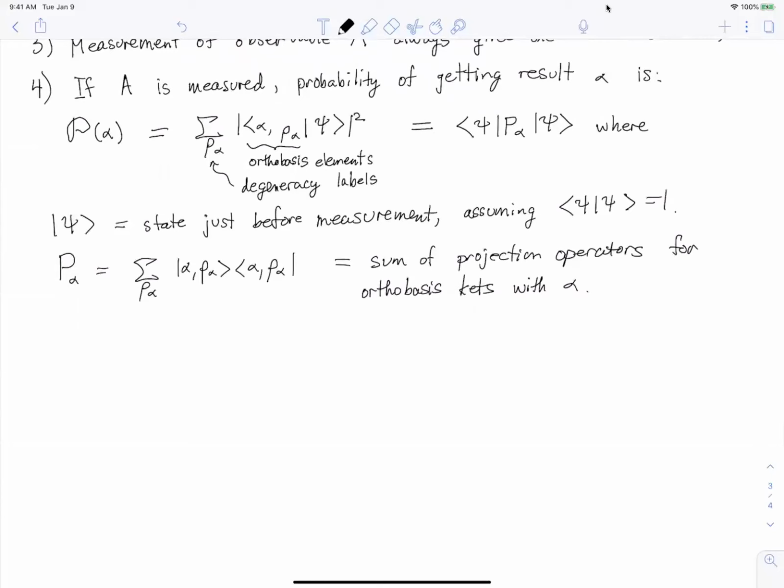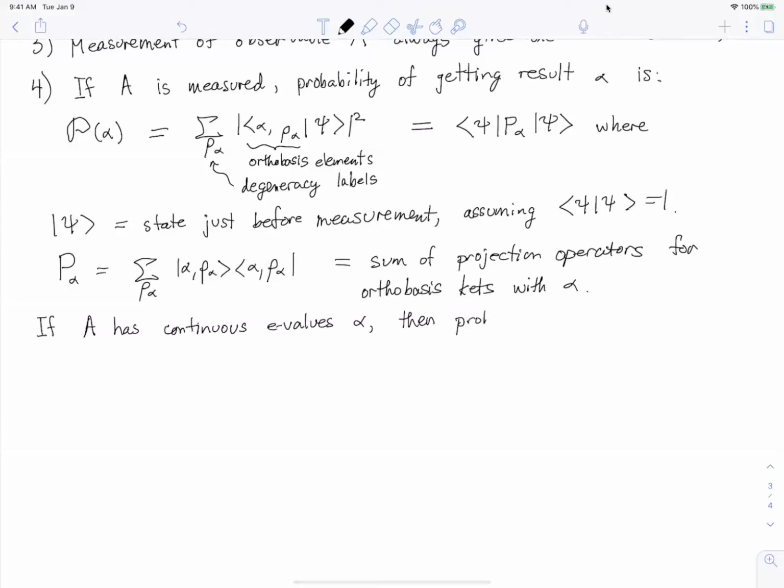Now, the way we've written this assumes that alpha was not continuous, that it was some discrete set of numbers like 1, 2, 3. What happens if it is continuous, like position or momentum? If A has continuous eigenvalues alpha, then you talk about the density of probability.